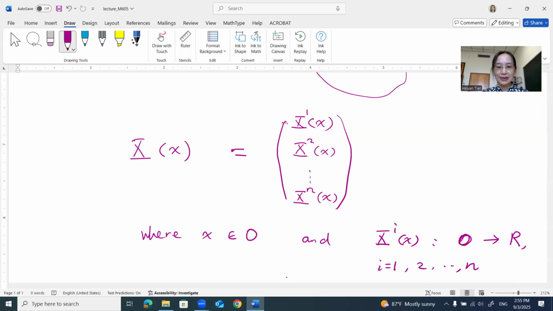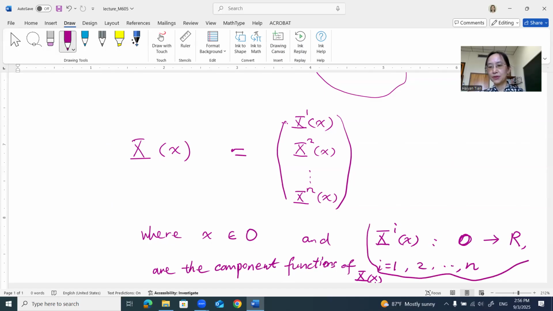So these capital Xi are the component functions of capital X.